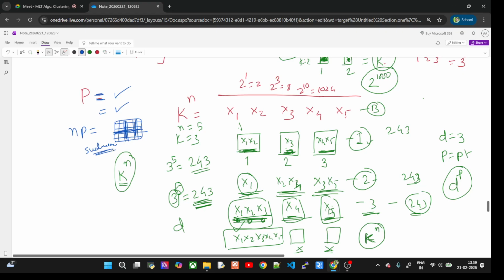What is NP hard? NP hard is the hardest problem in that Sudoku, which you can't easily solve. So you saw P, NP and NP hard. NP hard is the same kind of problem as NP, but with a really difficult solution.